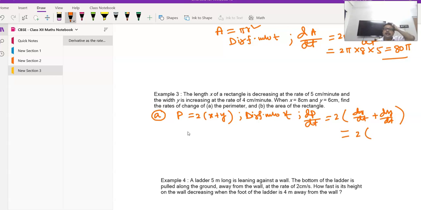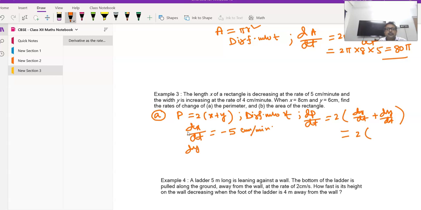The length x of the rectangle is decreasing, y increasing. Decreasing means that dx by dt has to be a negative quantity, decreasing at the rate of 5, so it will be minus 5 centimeter per minute.